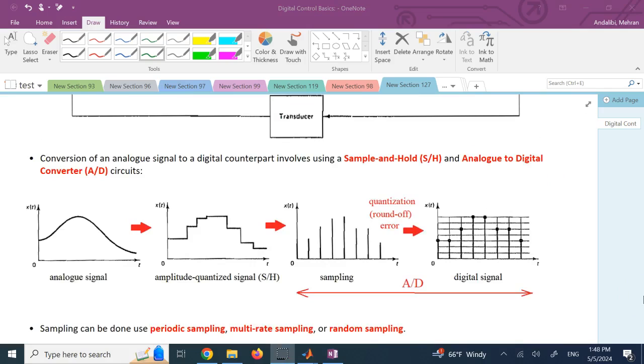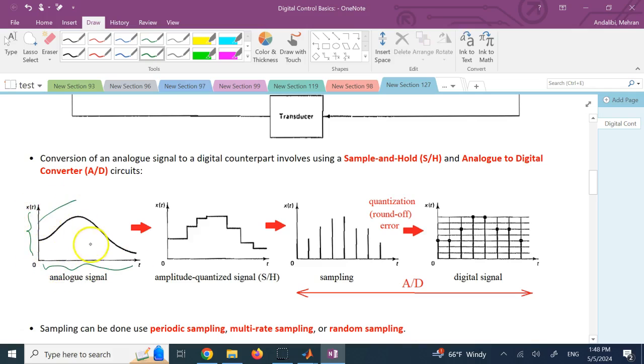Okay, so let's look at the first part, which is converting an analog signal into a digital signal, which involves a sample and hold, or SH circuit, and an analog to digital, or A to D circuit. What is the overall thing that they do? So first, you bring in an analog signal that has infinite resolution on the vertical axis and the horizontal axis.